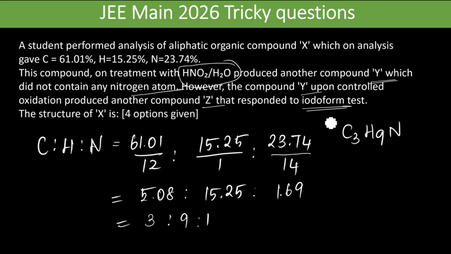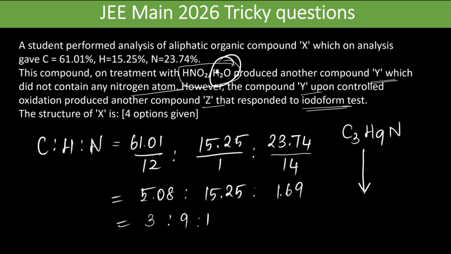Using that formula, we can treat it with nitrous acid and water, which should not have any nitrogen in the product. That is our product. So if a primary amine reacts with HNO2, it loses all that nitrogen and forms alcohol, because I have water.